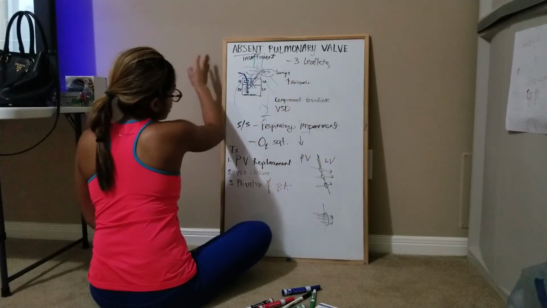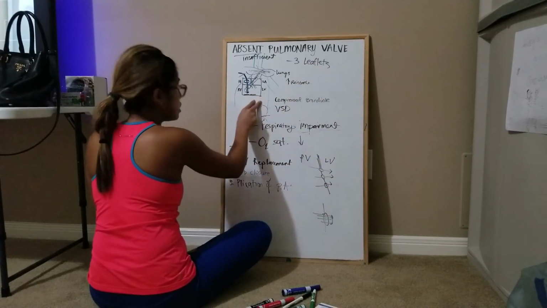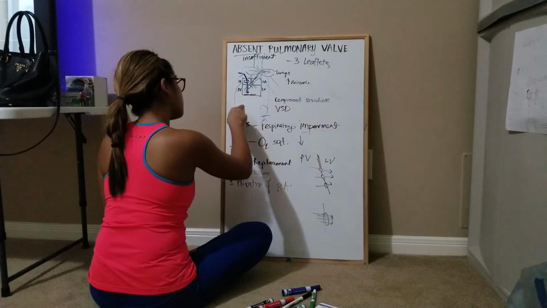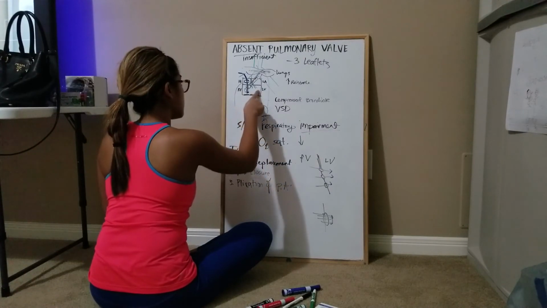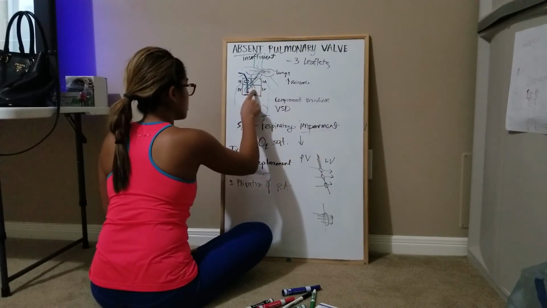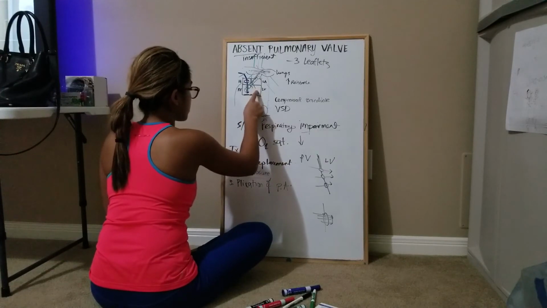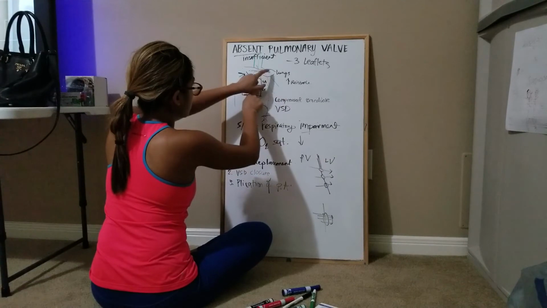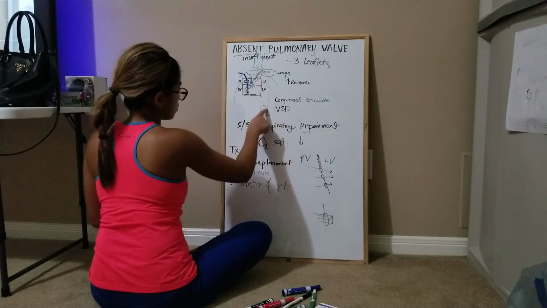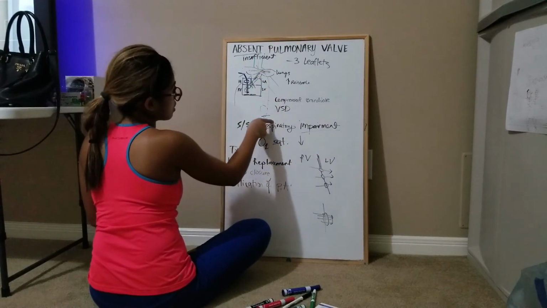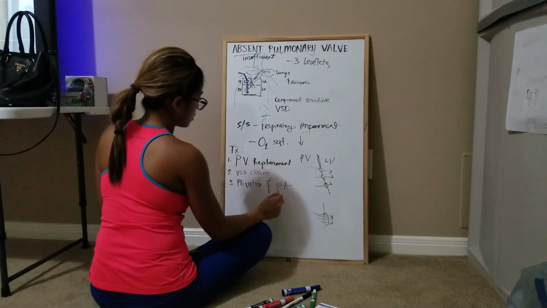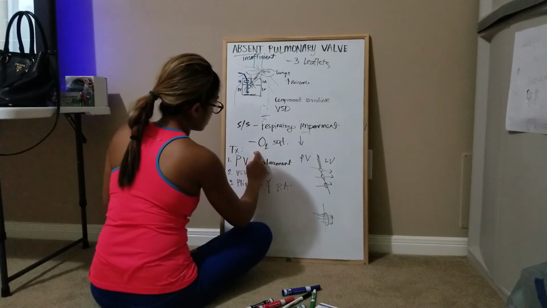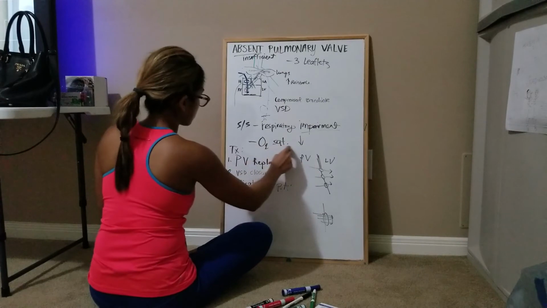So instead, it just chooses to go straight to the left ventricle. The desaturated blood from our body does not get oxygenated in the lungs, and it just goes straight out to our body circulation. So that's another reason that O2 saturation is low.